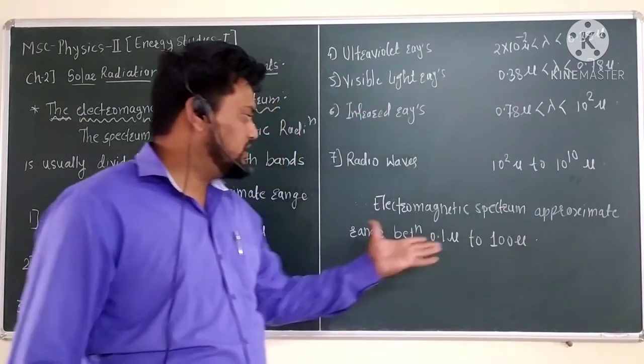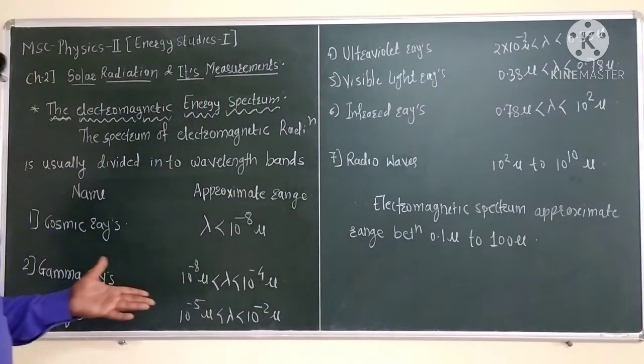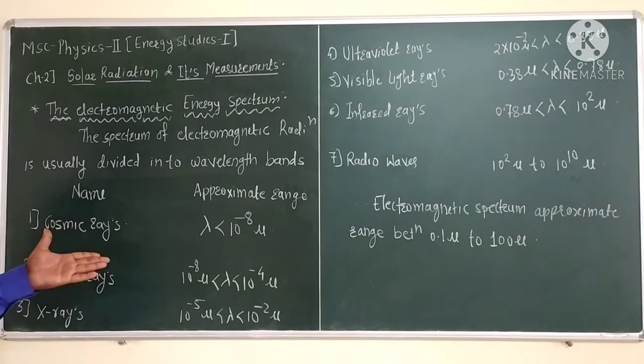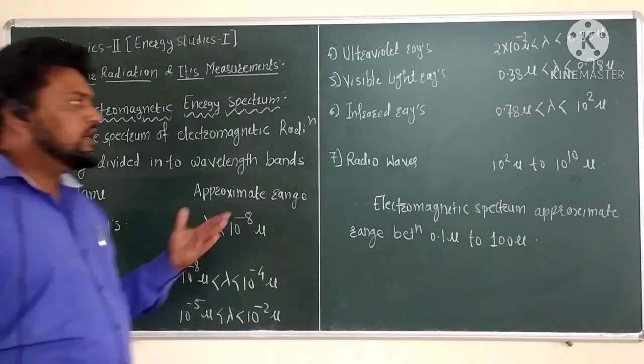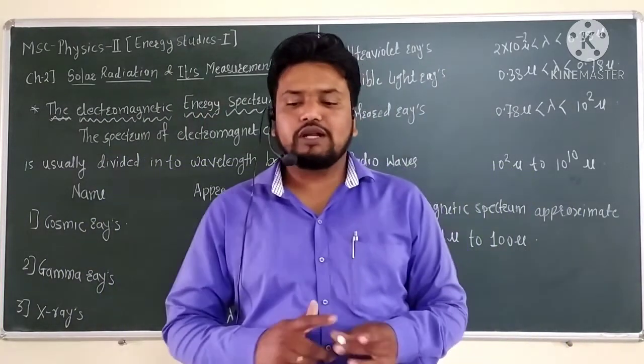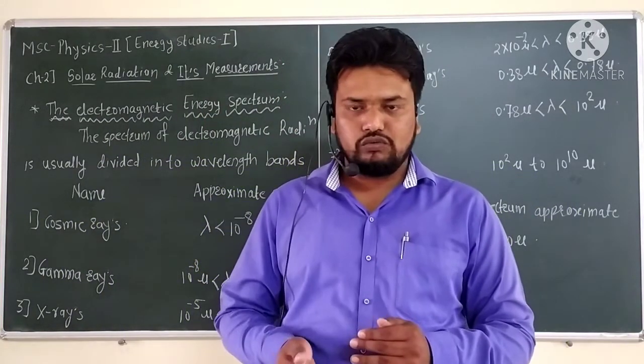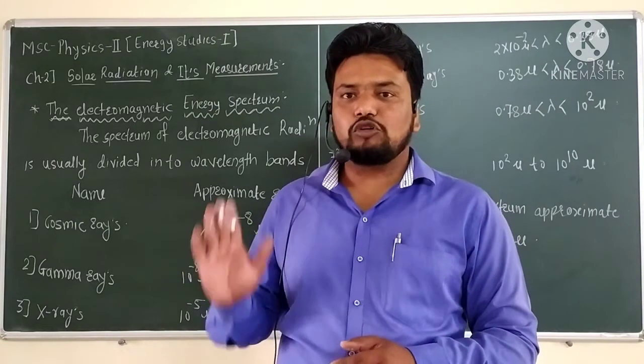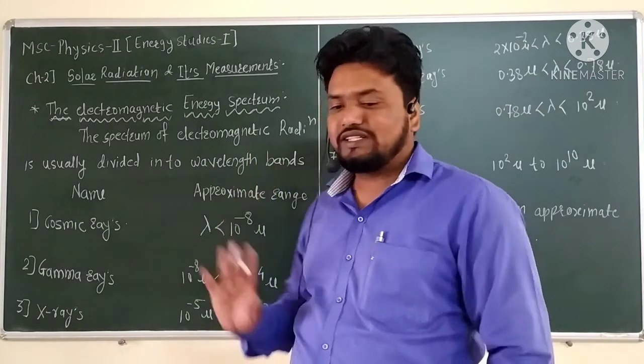Between these, all the types of the electromagnetic spectrum are named as cosmic rays, gamma rays, X-rays, ultraviolet rays, visible rays, infrared rays, and radio waves. So that is the approximate range we have seen here.